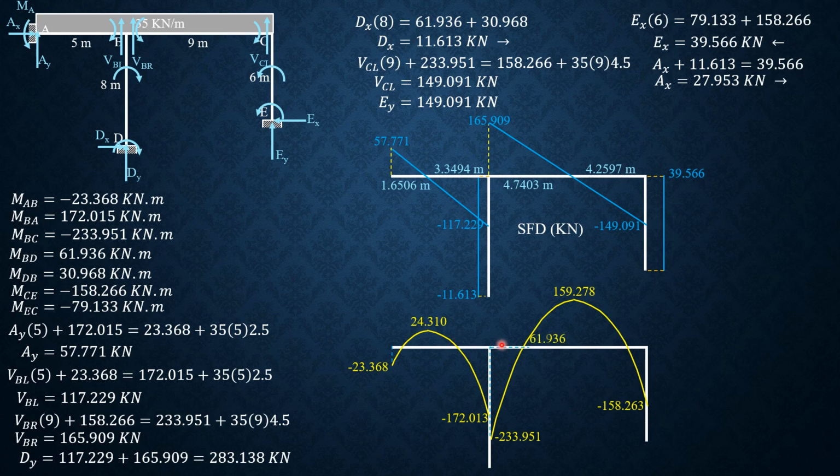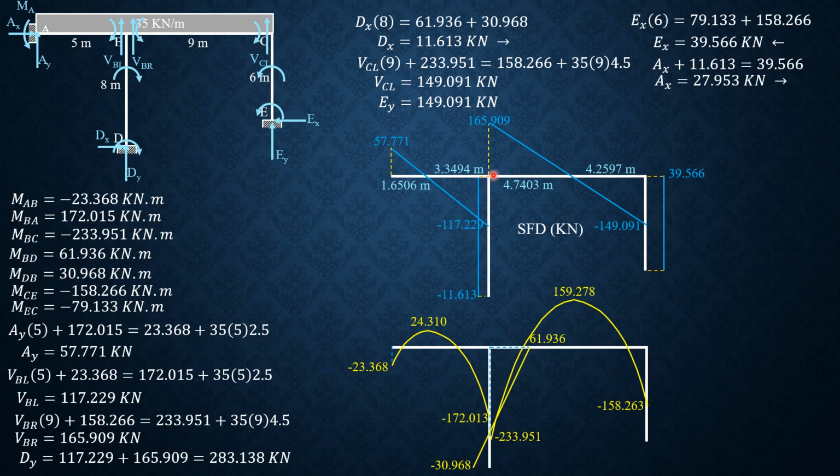Then for this part, this is the top fiber, moment BD is, so this is the left, this is the right. Moment BD is 61.936. So it's positive 61.936.